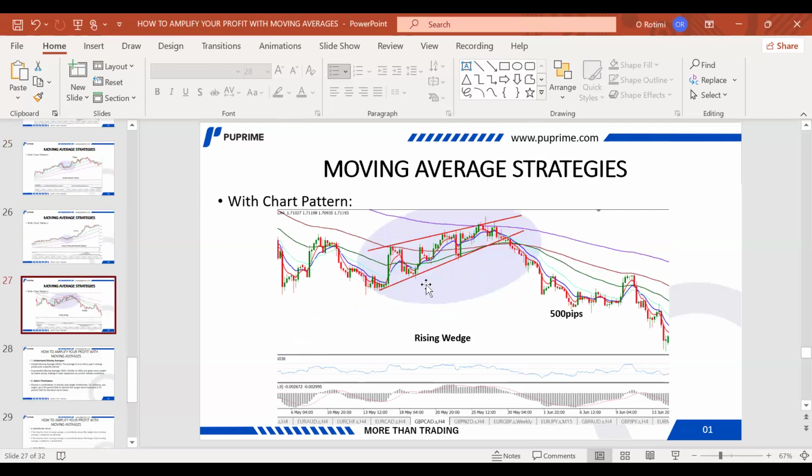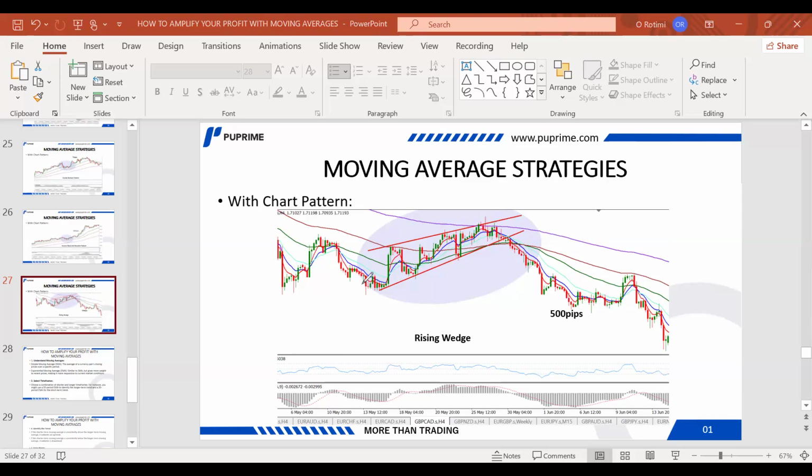Combine the moving average again with another chart pattern, this time around a rising wedge pattern. We can see the moving average is in an overall bearish trend, and we combined it with a rising wedge pattern.